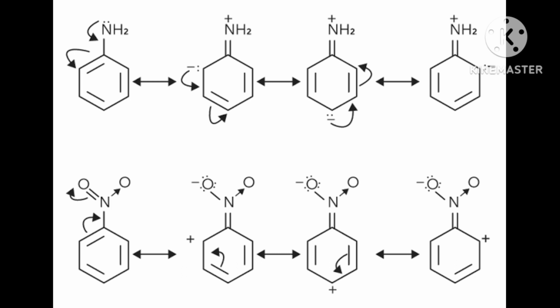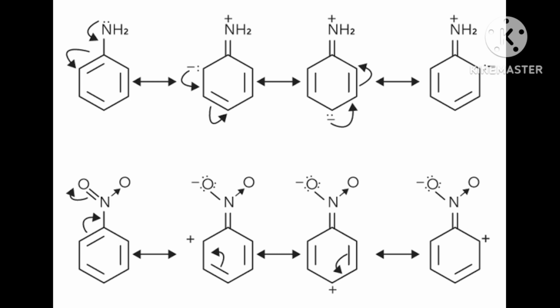Double became single bond, single became double bond. In that way the lone pair of electrons moved completely. Due to that lone pair, complete adjustment took place to maintain the tetravalency of carbon through 4 structures. These 4 structures are called resonance structures.